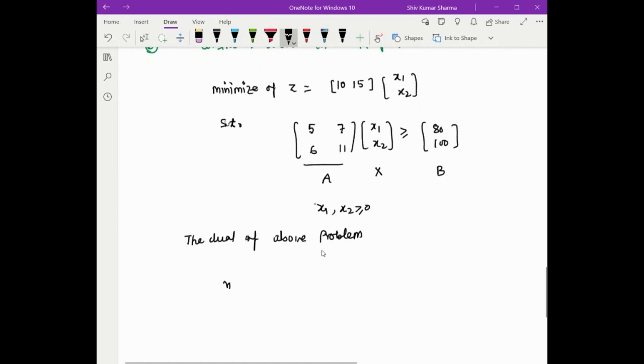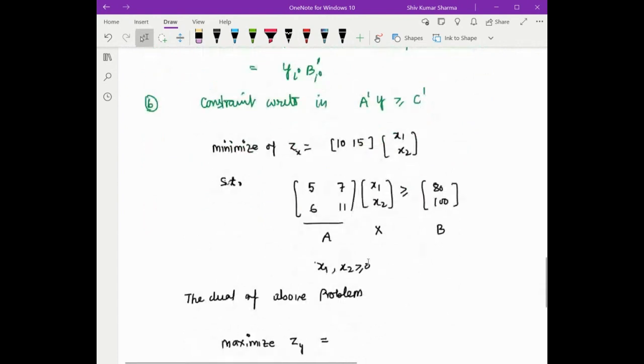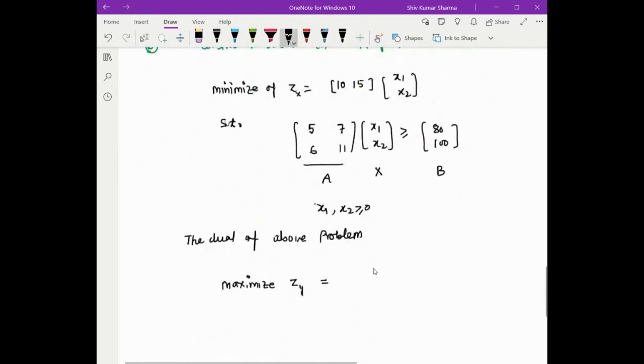First we write maximization. Maximize z. Here we used the variable x, so we wrote zx. We use the variable y, so we write zy. So this equals b1 transpose into Y.